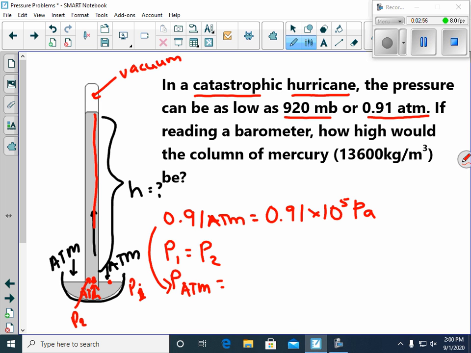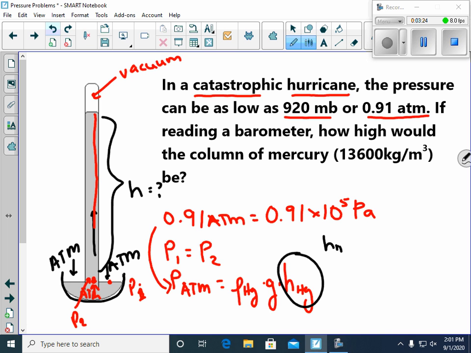It was a vacuum tube to begin with. So this is not air inside of here. There is no air. It's all a vacuum. So the only thing above this point is mercury, and there's no P naught plus our gauge pressure. It's just going to be the density of the mercury times g times the height of the mercury, which is what we're looking for.